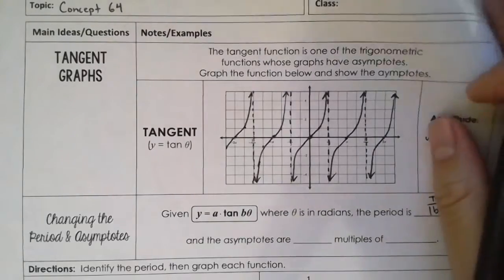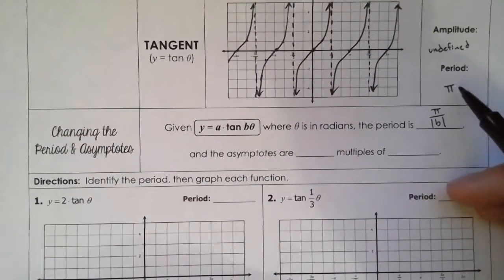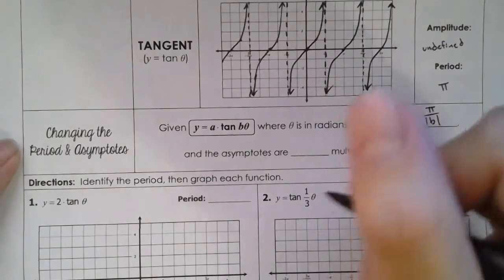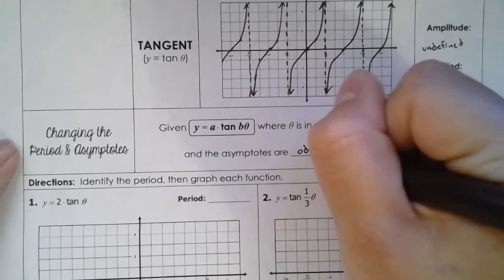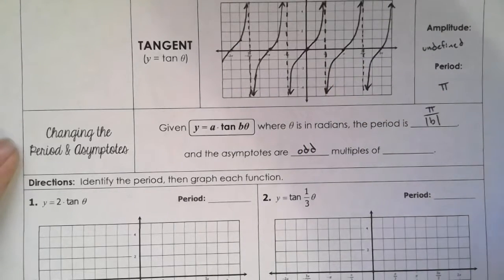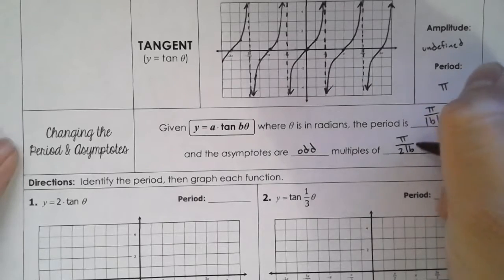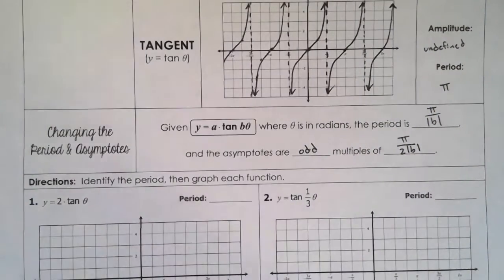Similar to the other one, except it's not 2 pi, it's just pi now. And the asymptotes are odd multiples of pi over 2 times the absolute value of b.